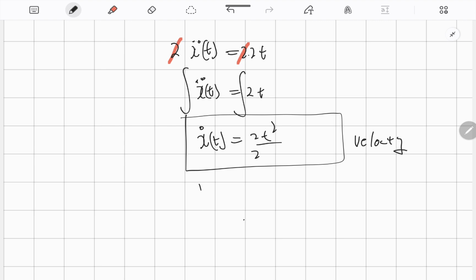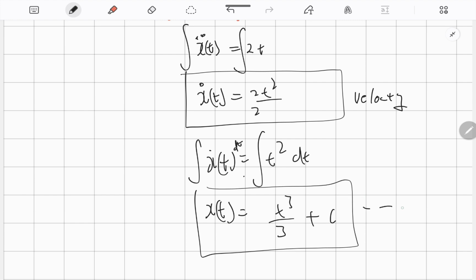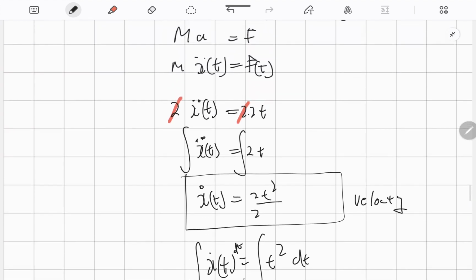And then if we do it all over again, integrating now, I'm not writing dt's throughout, I'll get the position, the dot will go away, as equal to t cubed over 3 plus c, and this is our position, and that somewhere here was our acceleration.